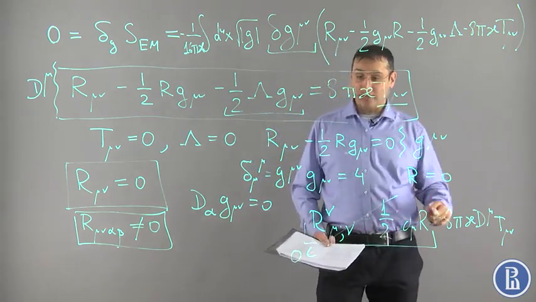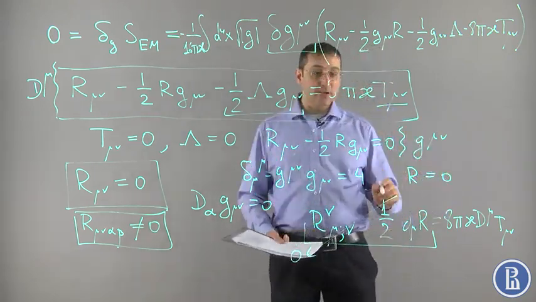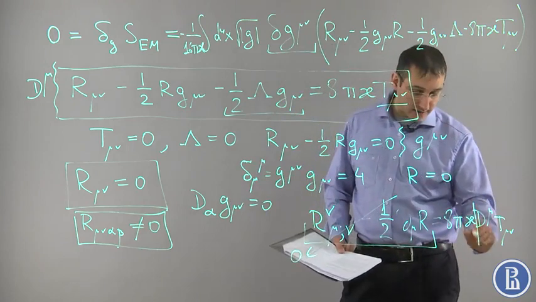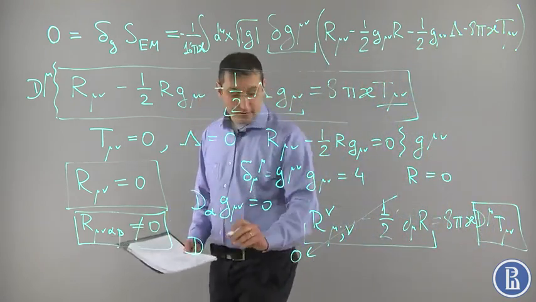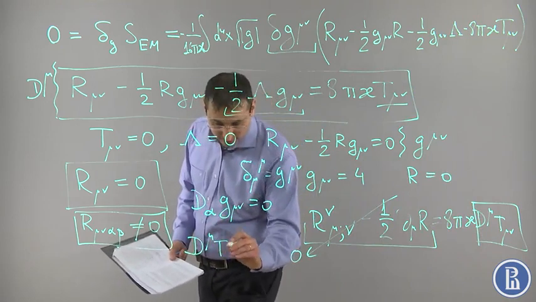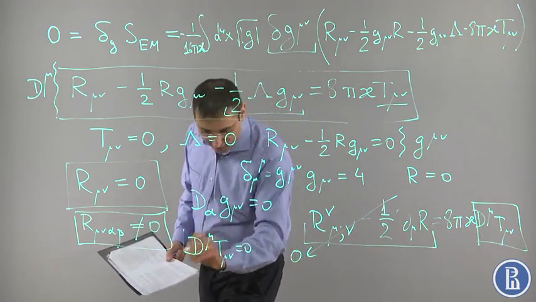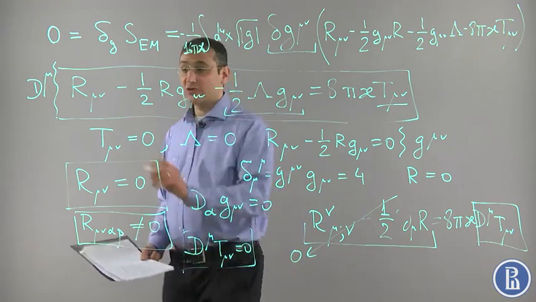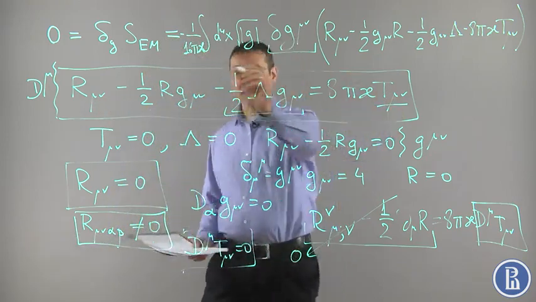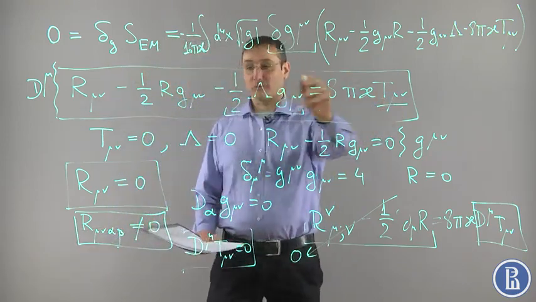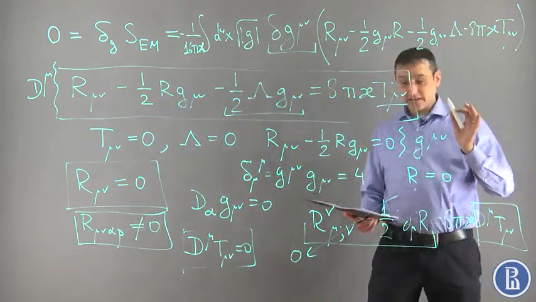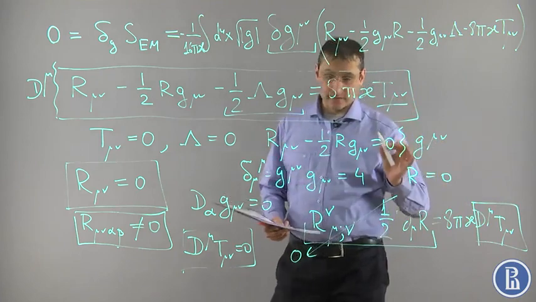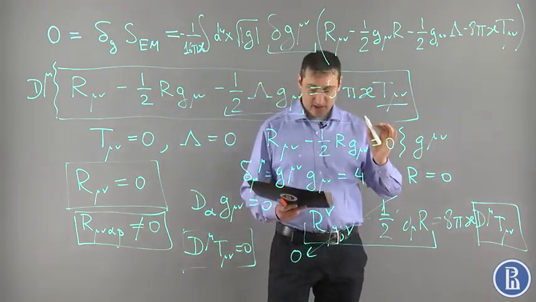As a result, even if we didn't assume from the very beginning that the energy momentum tensor is conserved, the conservation of the energy momentum tensor is just a consequence of this equation. This equation implies that the energy momentum tensor is conserved. This has some important consequences that we are going to discuss now.